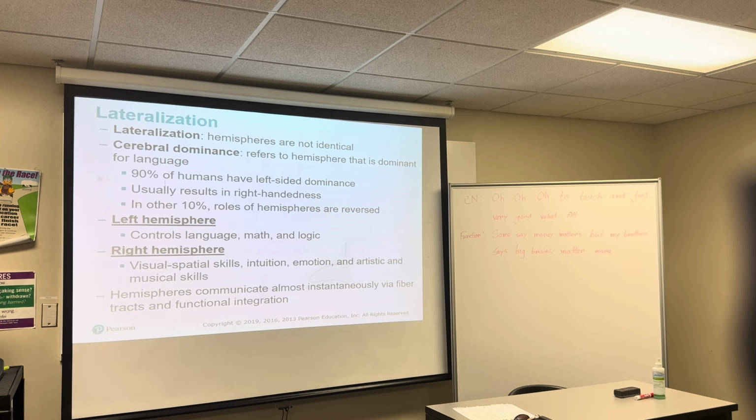Cerebral dominance refers to the hemisphere that is dominant for language. 90% of humans have left-sided dominance, usually resulting in right-handedness. In another 10%, the roles of the hemispheres are reversed. The left hemisphere controls language, math, and logic, so if you are right-handed, you're probably better at that.